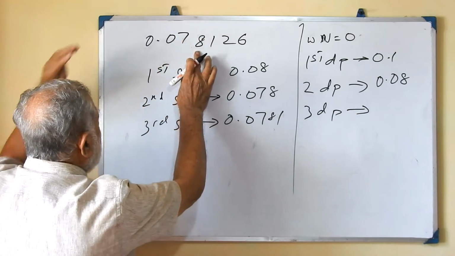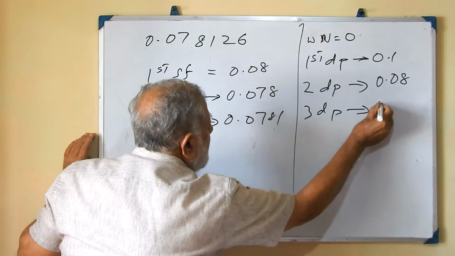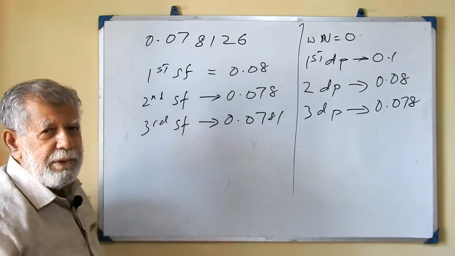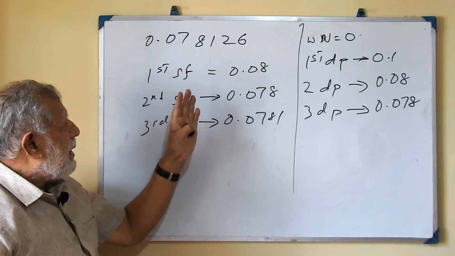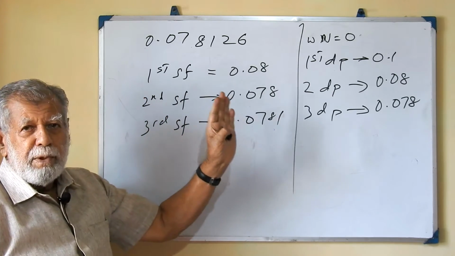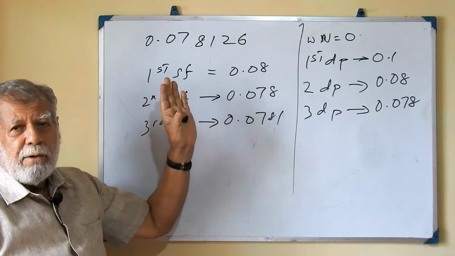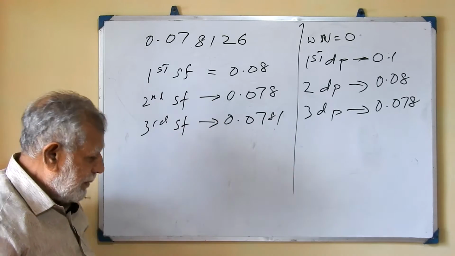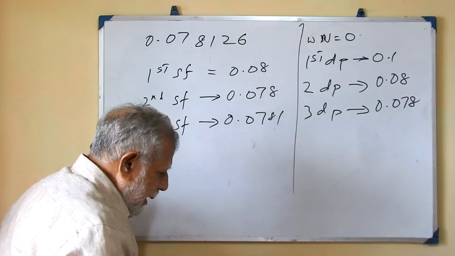The fourth number is 1, leave it. So 0.078. Children, can you see the difference? Significant figures are different from decimal places. We don't take the first zeros for the significant figure. We should take only the numbers.